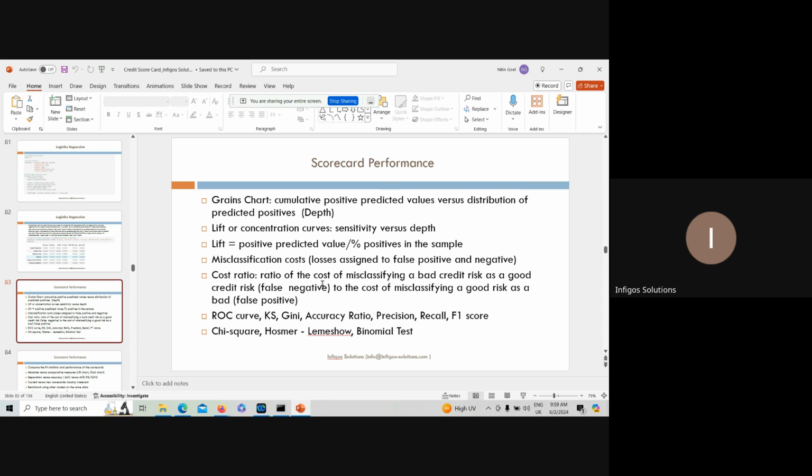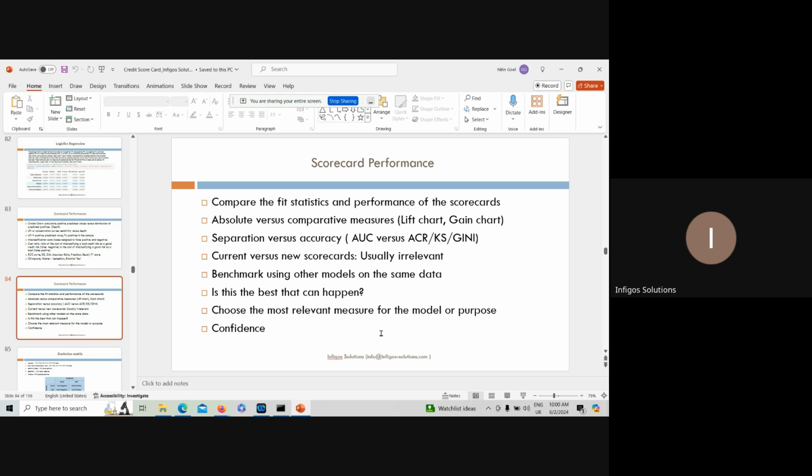Cost ratio is the ratio of misclassifying a bad as a good to misclassifying a good as bad, so it's a ratio of false negative to false positive. Then besides the ROC curve, you have KS, Gini, accuracy ratio, precision, recall, F curve. And then there are some tests which you do on the rating system, the Hosmer-Lemeshow test and the binomial test.